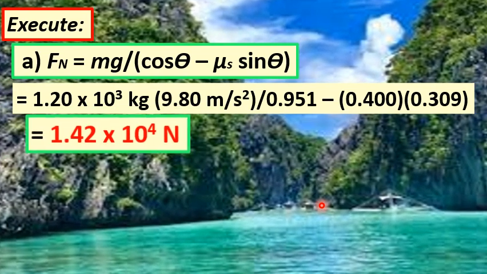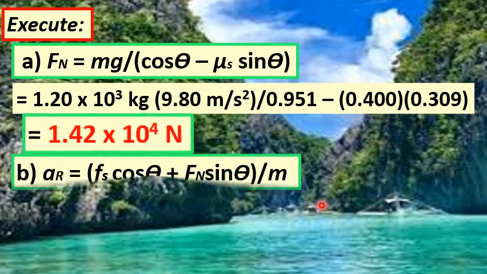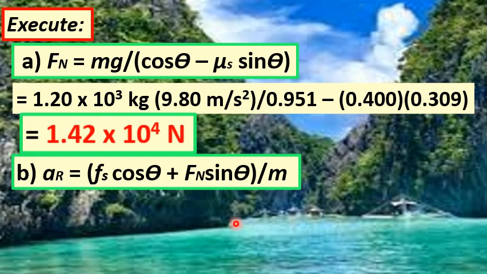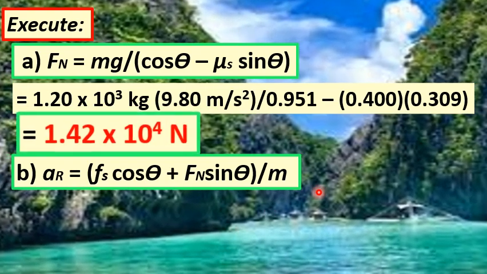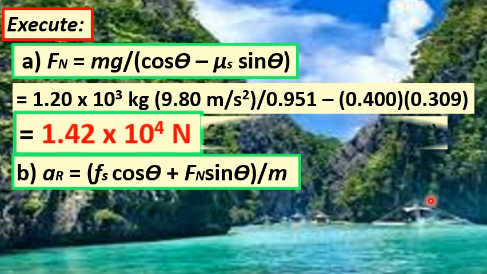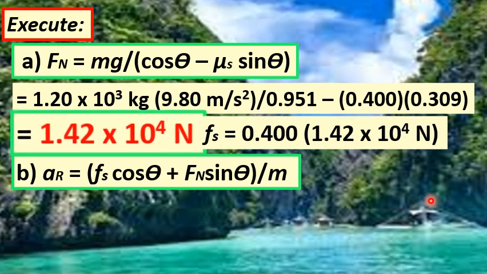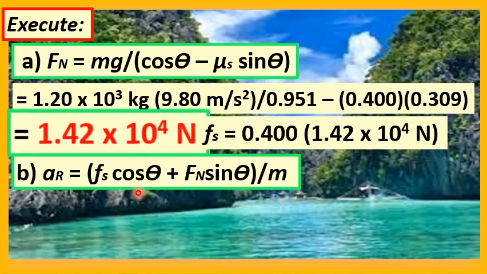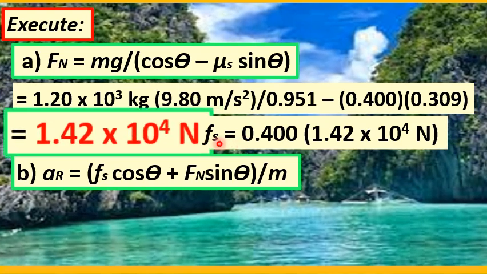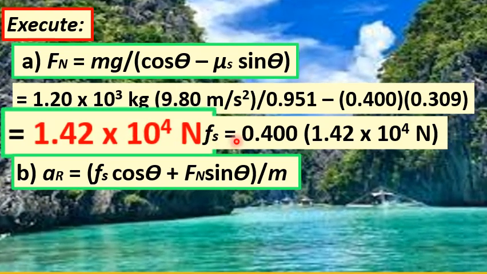So moving on to question letter B, the radial acceleration using this formula. But before that, we have to find first the value or magnitude of the static friction F sub s.